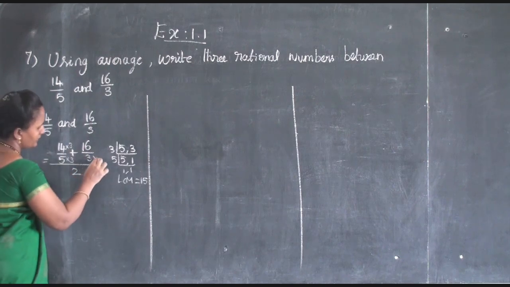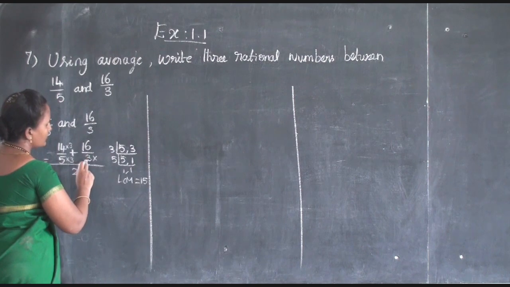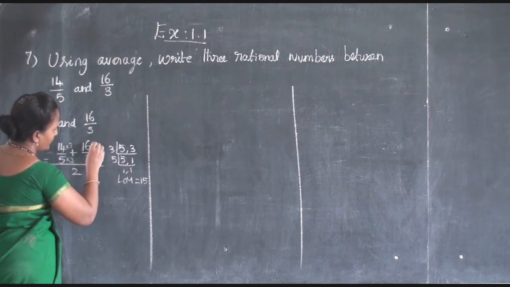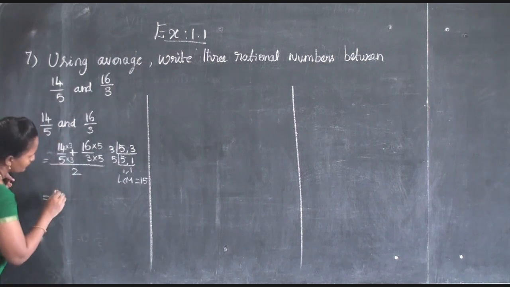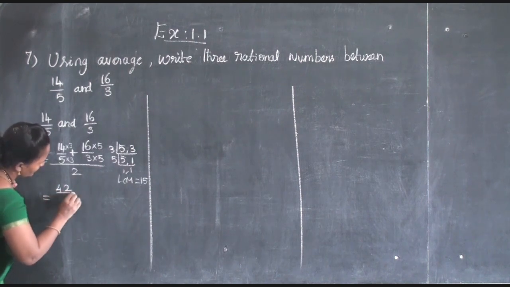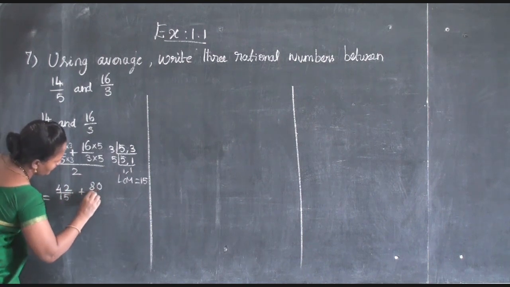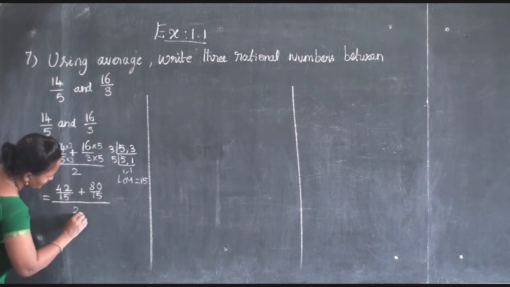Here also 3. And here what number we have to multiply to get 15? 5. We have to multiply with numerator also. So 42/15 plus 80/15 whole divided by 2.